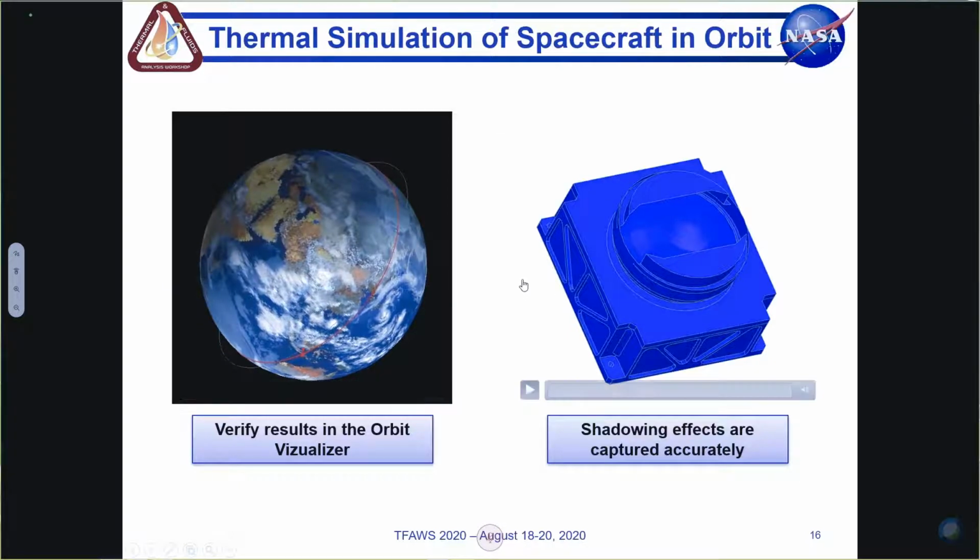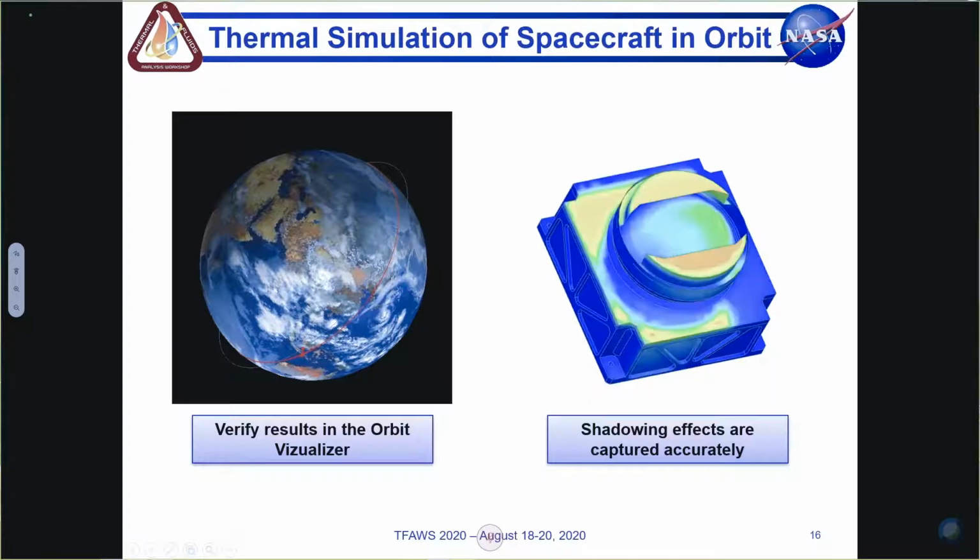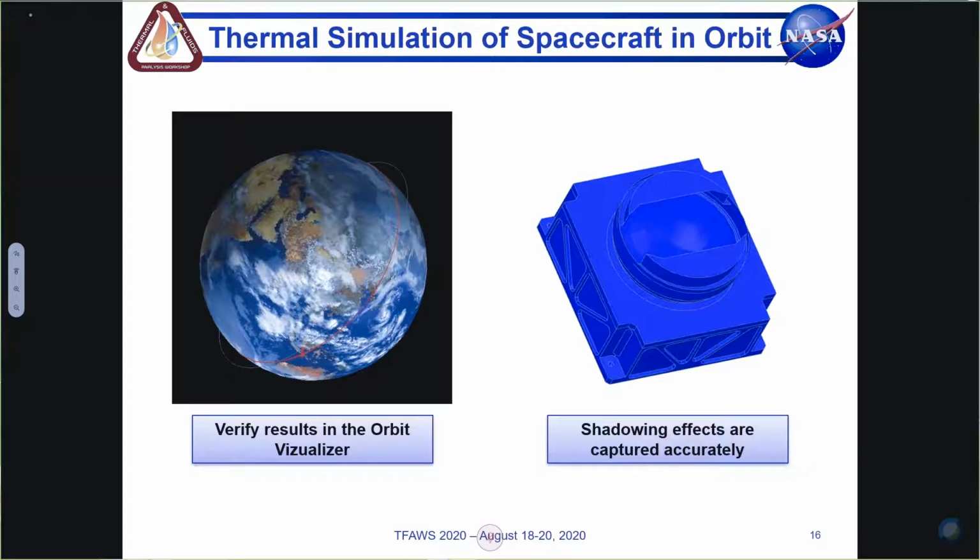We talked about it a little bit, so we're just going to skip to the results, which is always nice. Basically, you'd run the same kind of orbit that we talked about earlier, verify that the results make sense. So here we're looking at this in the orbit visualizer in SimCenter, and you can see the temperatures vary as it goes around the Earth there. The other thing we want to verify is that the shadowing is being correctly accounted for.